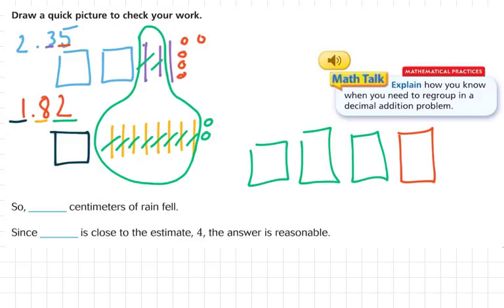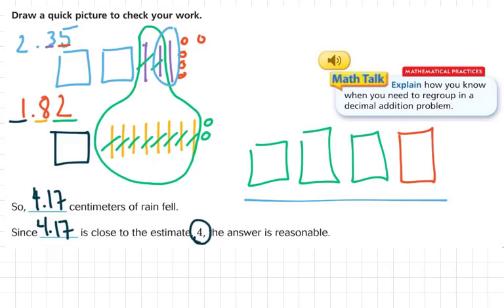We have our answer. 4 and 1 tenth, and then we have 1, 2, 3, 4, 5, 6, 7 hundredths. So 4 and 17 hundredths centimeters of rain fell. So since 4 and 17 hundredths centimeters is close to the estimate of 4, we know that our answer is reasonable. That's why it's important to estimate to check the reasonableness of our answer.